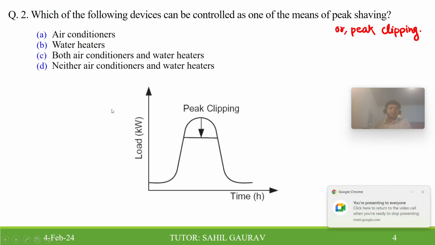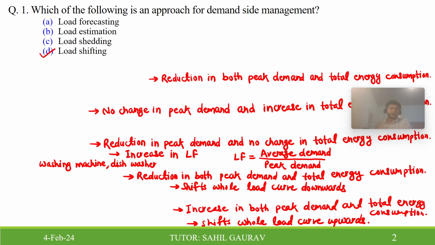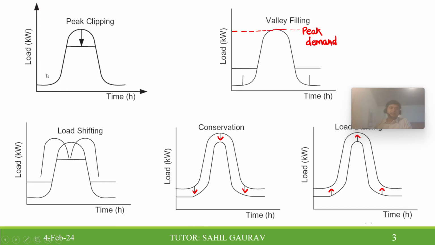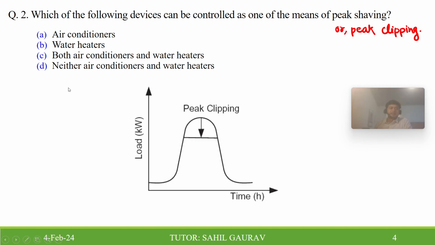We have seen in the previous slide that if we use efficient control of air conditioners and water heaters, we can reduce the demand during peak hours, so that peak demand reduces. So the correct answer is that by controlling both air conditioner and heaters, we can reduce the peak demand. That means C is the correct answer.